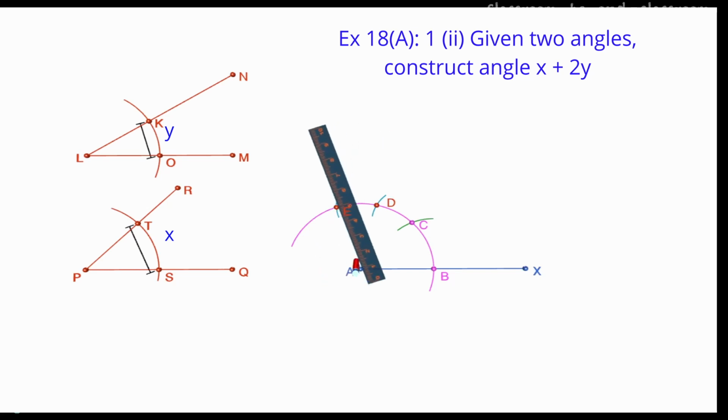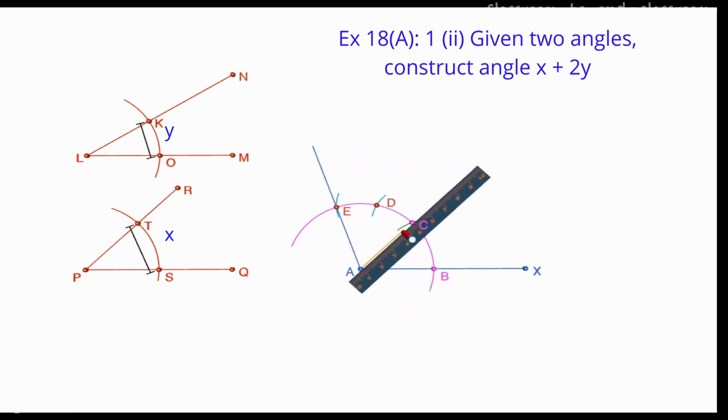Now if you join AE, then this angle XAE is equal to this angle QPR plus MLN plus MLN, that is equal to X plus Y. So this is the measure of the angle.